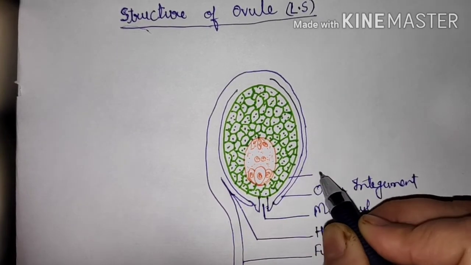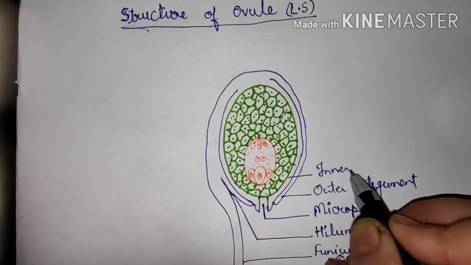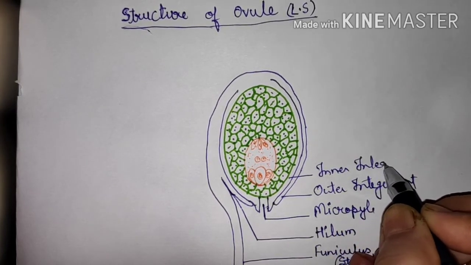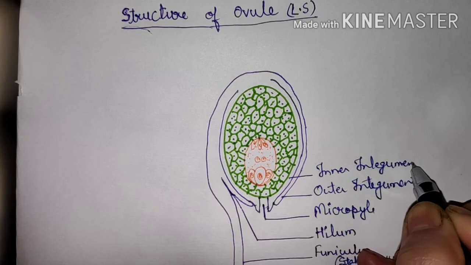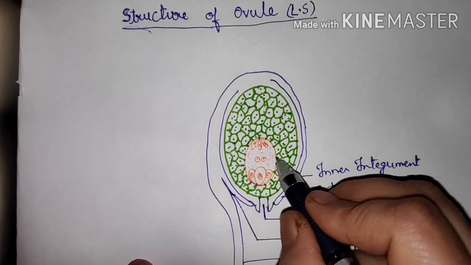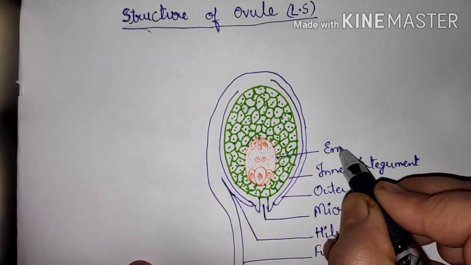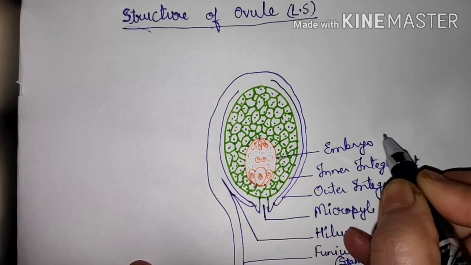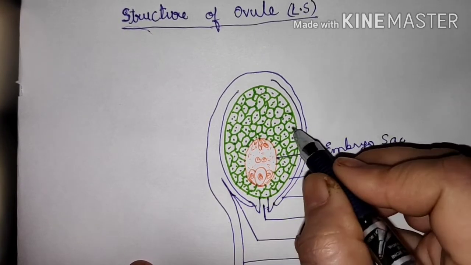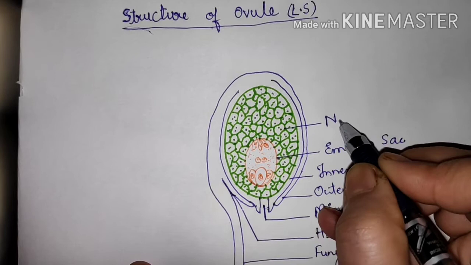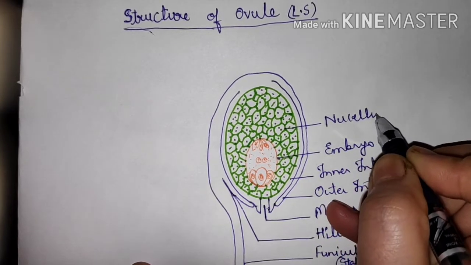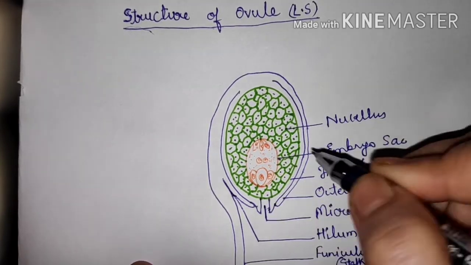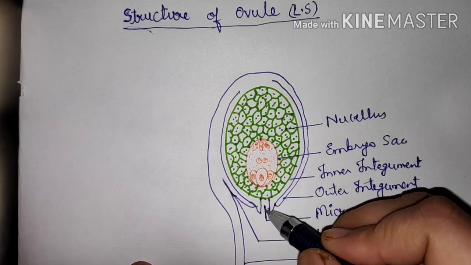Then inner integument. Then comes the embryo sac. This is nucellus. And the region opposite to micropyle, this is the micropyle region.